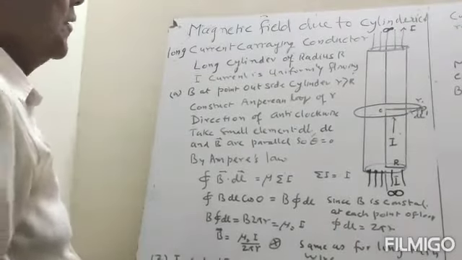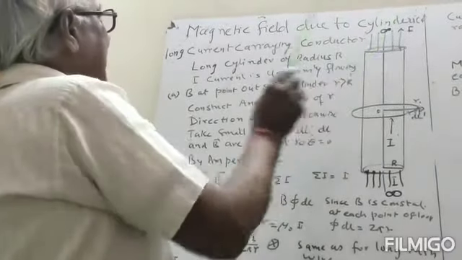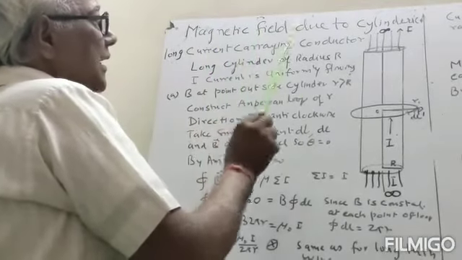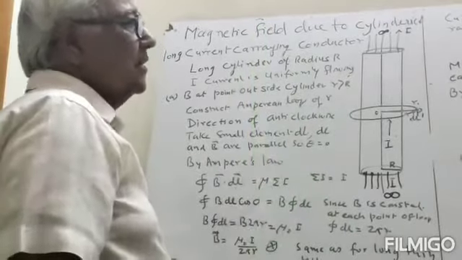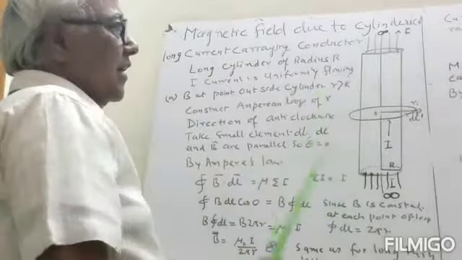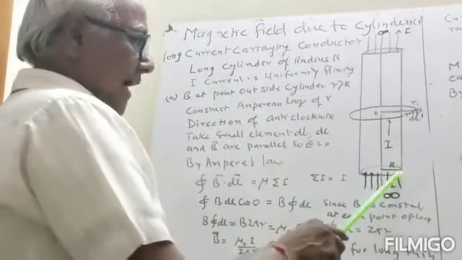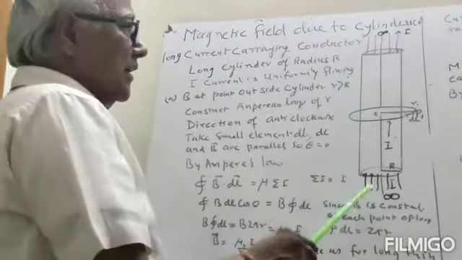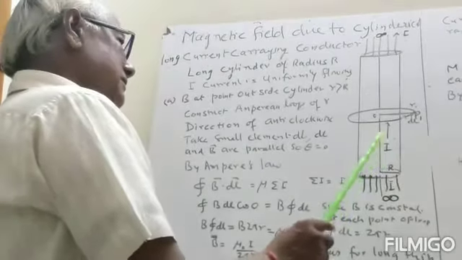We will find the magnetic field due to a cylindrical long current carrying conductor. Earlier we took the conductor to be very thin. Now here the conductor is not thin, its radius is capital R, and it is infinitely long, and current I is passing through this conductor.